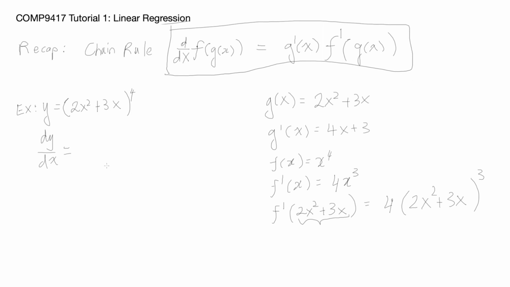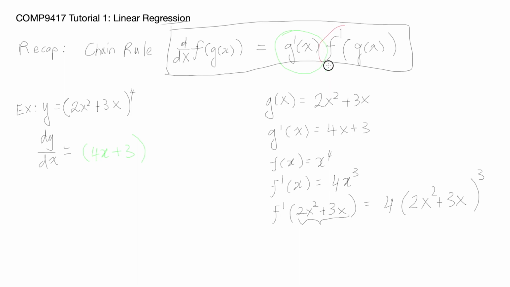So let's do the steps. I'll put this one in green. g prime of x, we already saw, is 4x plus 3.